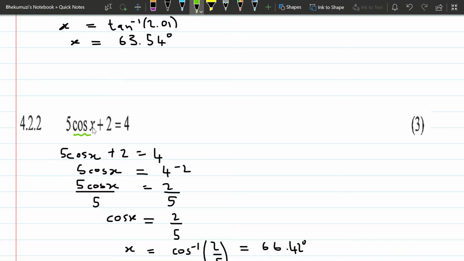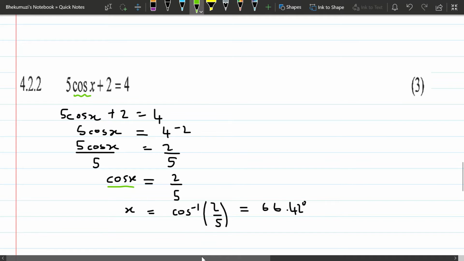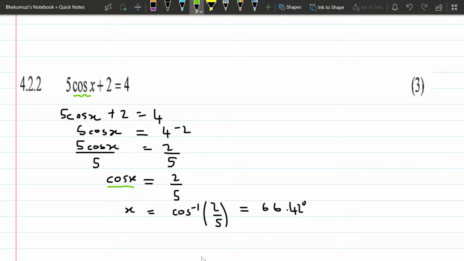Once you get to cos, you then need to use the arccos. So you'd have arccos of 2 over 5, which would give you 66.42 degrees. And you know how to solve this: just as in a normal equation, whatever you do on the left-hand side you must do on the right-hand side.